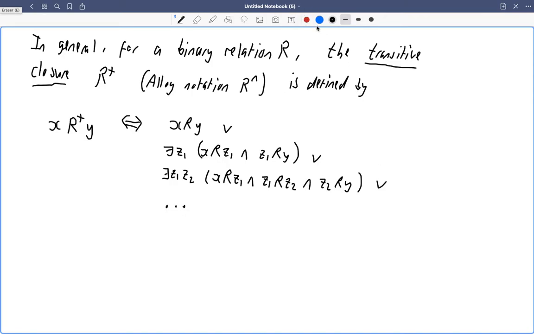And the point is, this is an infinite disjunction.